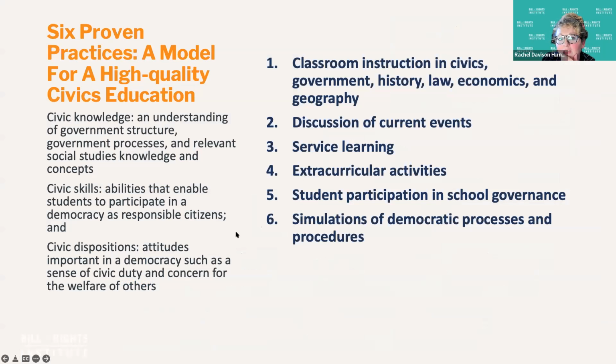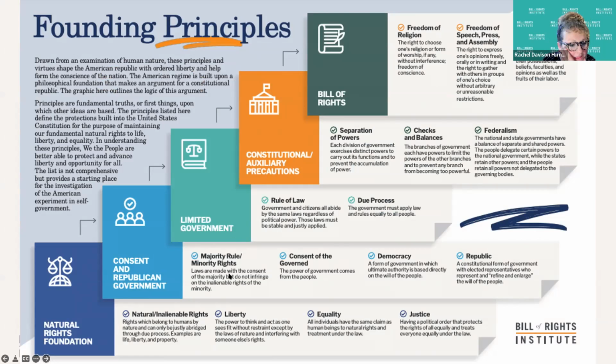And then you build on that with consent and limited government and the auxiliary precautions, and then finally the Bill of Rights. But all that only exists if we have this common idea of the natural, inalienable, dedicated to the proposition.